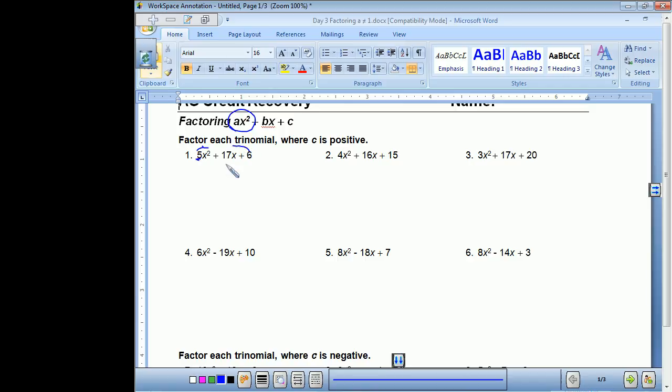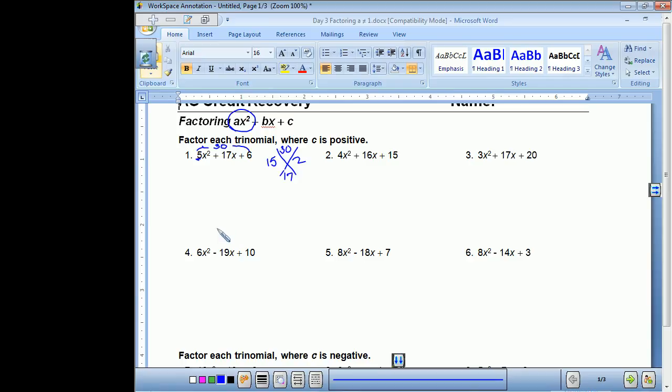So 5 times 6 is 30. And then we do what we did before. You ask yourself this time, what can I multiply to get positive 30 that I can add to get positive 17? 15 times 2. You're right, 15 and 2.